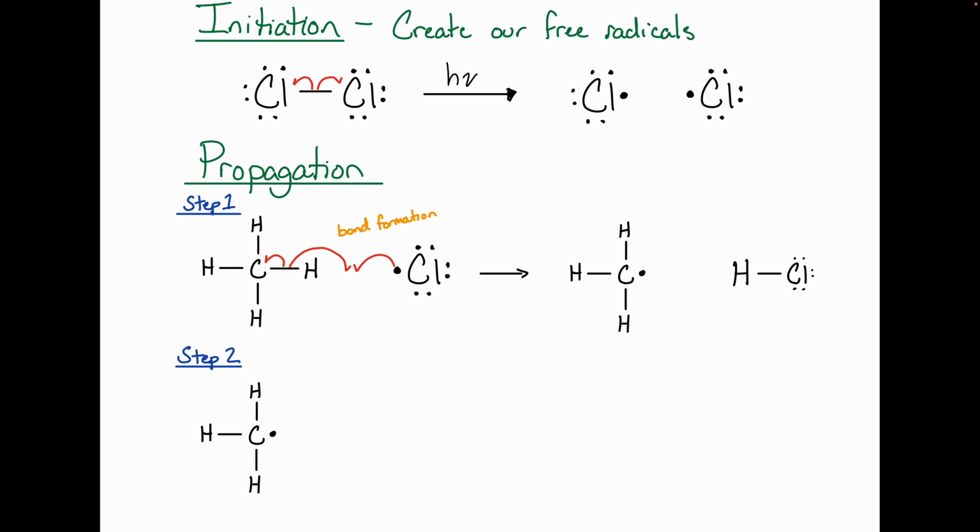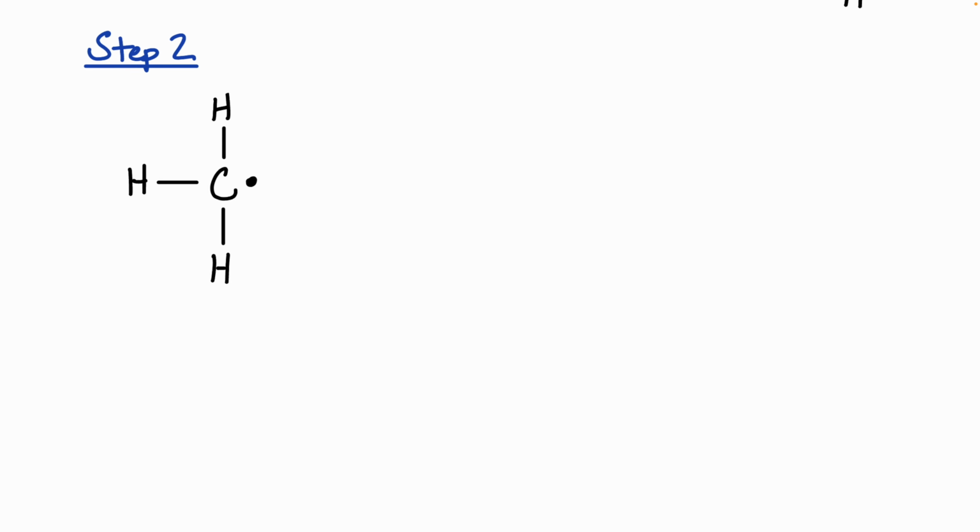So what happens in the next step of propagation is that the carbon radical finds one of those intact chlorine molecules, and we're going to get that same sort of radical reaction here where it's going to form a new bond with chlorine where it donates 1 electron and 1 electron comes from what used to be that chlorine-chlorine bond.